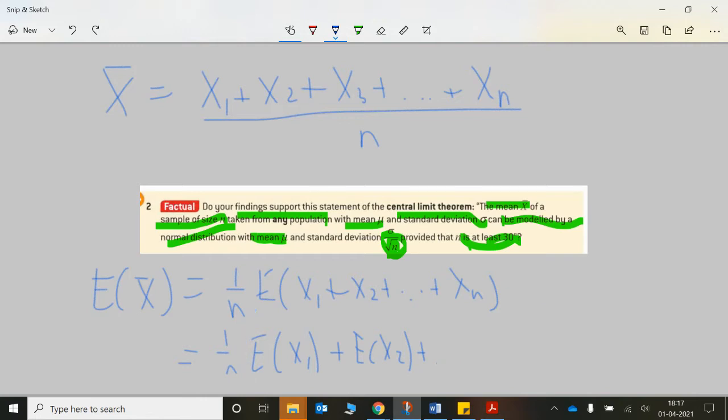So we can take all of this back and we can say that this is the same as our E of x, but of course that's happening n times over. So we've got E of x1 plus E of x2 plus E of x3 plus up to E of xn. So we've got that n times, and each one of those is the same as E of x because they all come from the same distribution. And of course, these two things then cancel, which just leaves us with E of x.